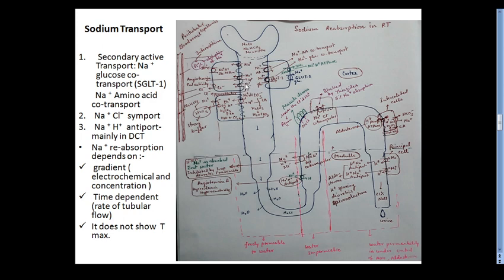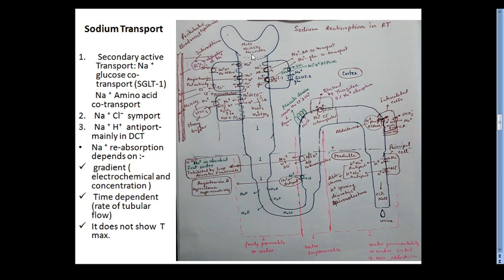So along with the reabsorption of sodium ion, there is a reabsorption of chloride ions, and it is because of the concentration gradient for the sodium ion which has been generated by the sodium potassium ATPase channel, which is present at the basal side of the epithelial cell of the renal tubule.